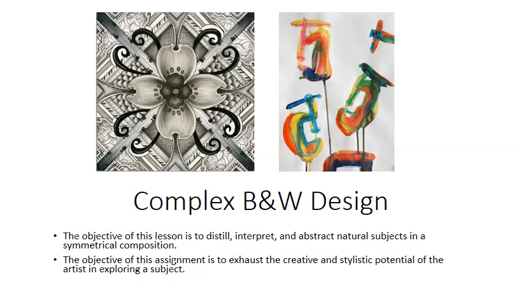There's other kinds of symmetry you can explore, and I'll explain that in the actual project presentation, but for the most part, you're using objects from nature and making sort of fanciful, abstract black and white designs based on those drawings from nature. So you have a lot of freedom to explore your own style, your own patterns, but you really have to start with natural objects and sort of use that as a jumping off point.